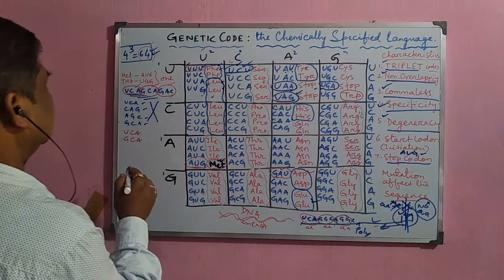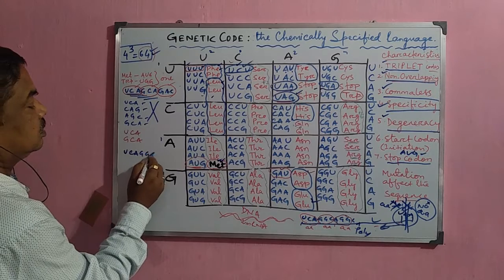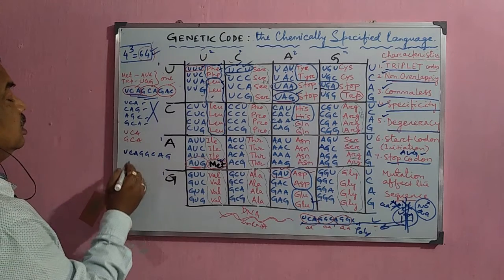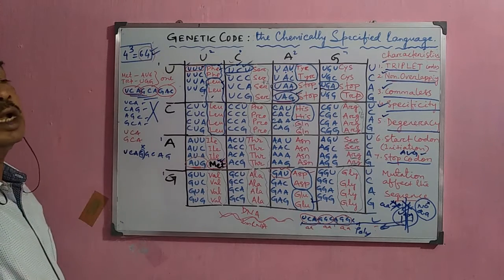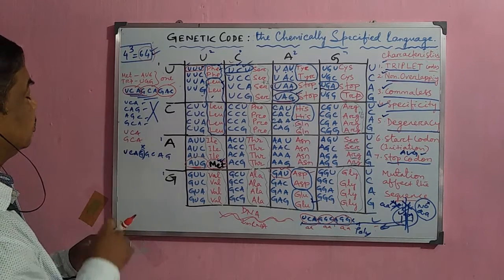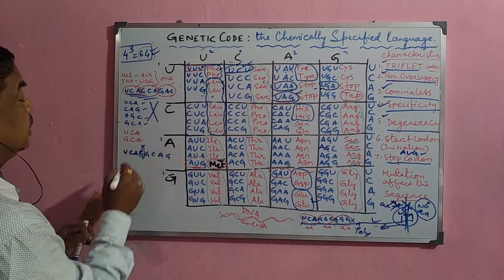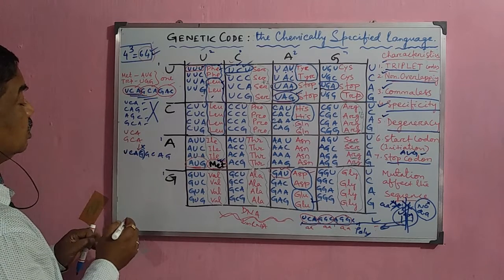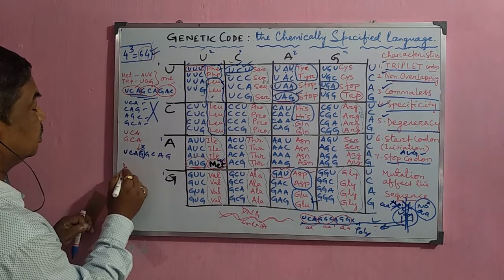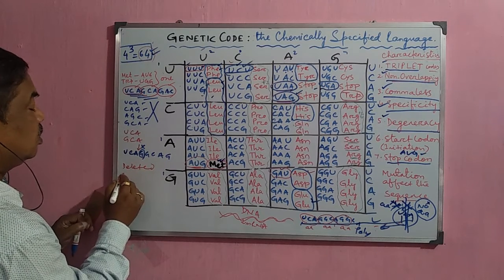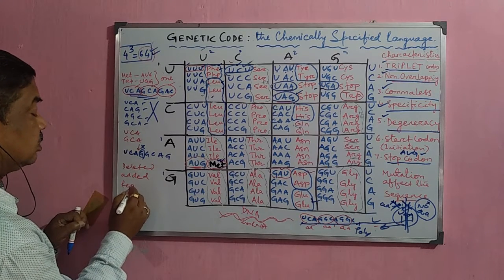Take an example: suppose an mRNA having U, C, A, G, G, C, A, G. Suppose in this place you replace it with another nitrogenous base. Suppose any one will be replaced, introduced, or deleted.